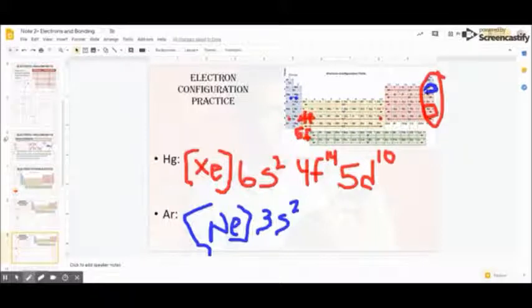Then I'm going to go across to 3p, and there are 1, 2, 3, 4, 5, 6 to get to argon. So this would be my configuration for argon. You can use the shortcut method if it helps. You can start at one of these noble gases. Or if you don't like the shortcut method, you can always start at hydrogen and work your way across and down until you get to the right element.